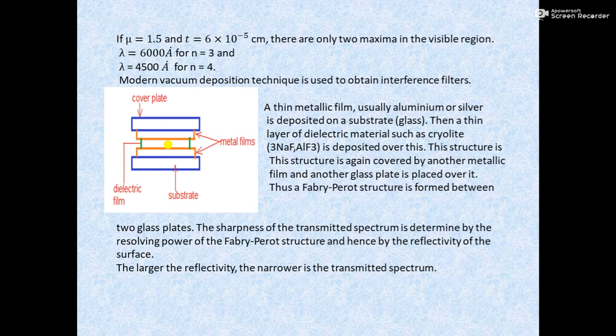Again a lambda by 4 thick layer of higher refractive index material is deposited. To increase the reflectivity, a multi-layer structure of alternate higher and lower refractive index materials is used. Thus, if the incident wave is polychromatic, suppose white light, the reflected light may have a high degree of monochromaticity.